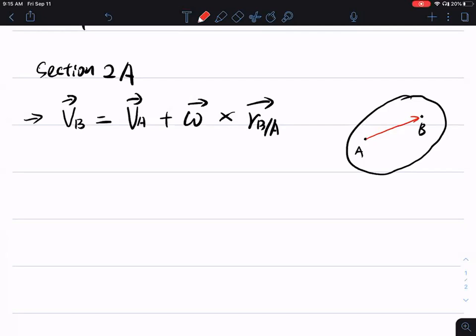Now raise your hand if you think there must be three different angular velocities. No one chose three. How about infinite angular velocities?